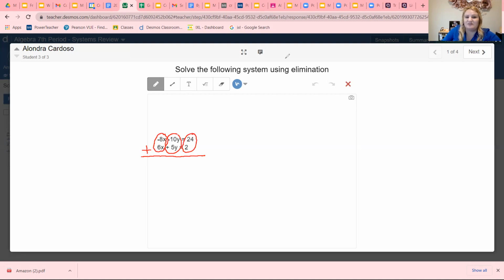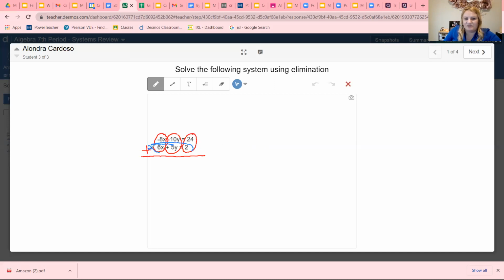So the way that I'm going to make this middle number a 10y positive is by multiplying this whole equation by a number that's going to make this a positive 10. So since this is a 5, I'm going to multiply everything by 2 because this makes the middle number a positive 10. And the whole point is to eliminate a column.